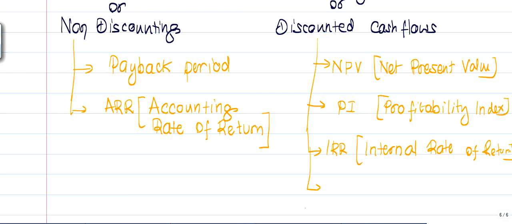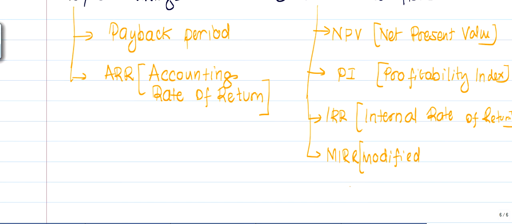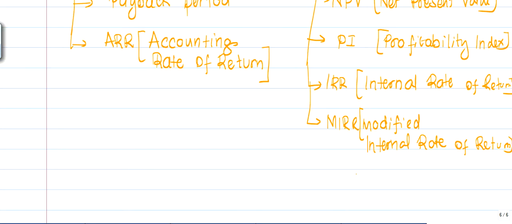Next comes MIRR, modified internal rate of return. Last one, discounted payback.